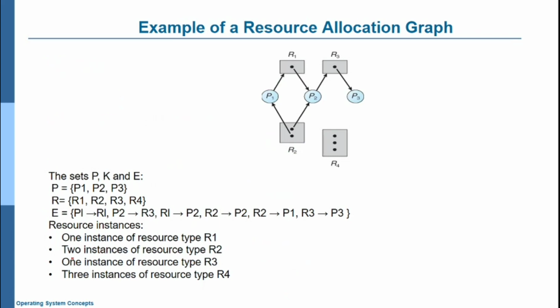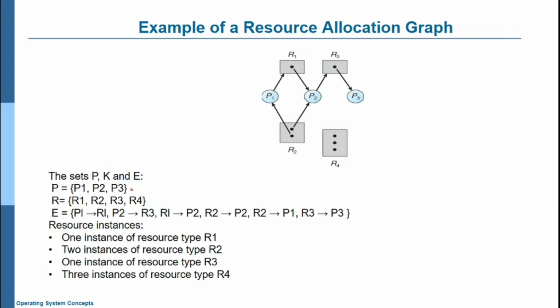Example of a resource allocation graph. You can see the processes are represented by circles P1, P2, P3, and the resources R1, R3, R2 and R4.